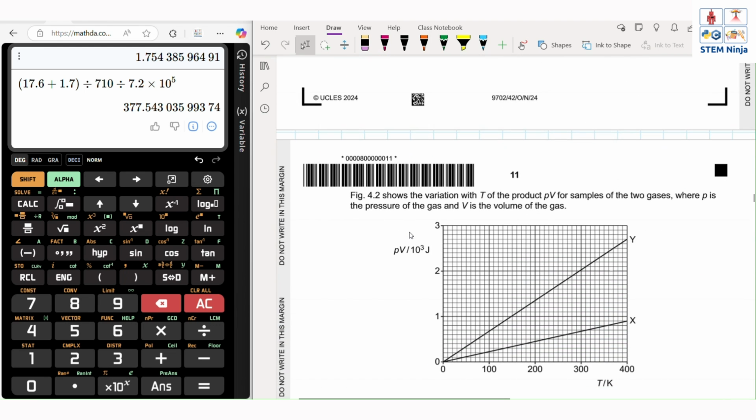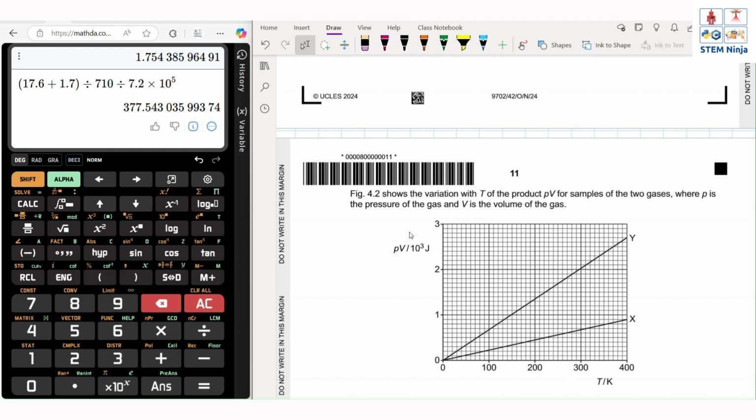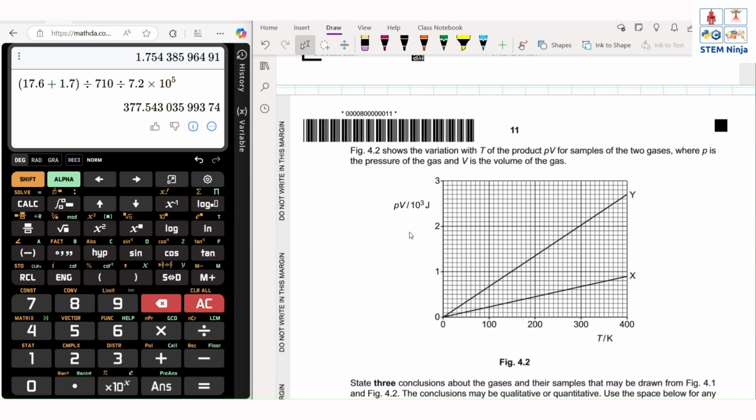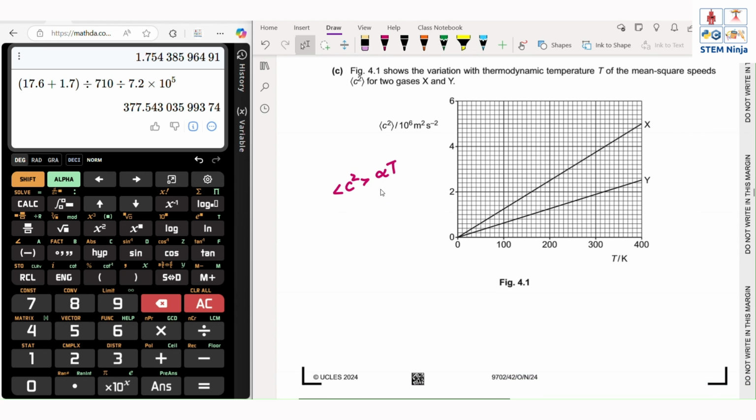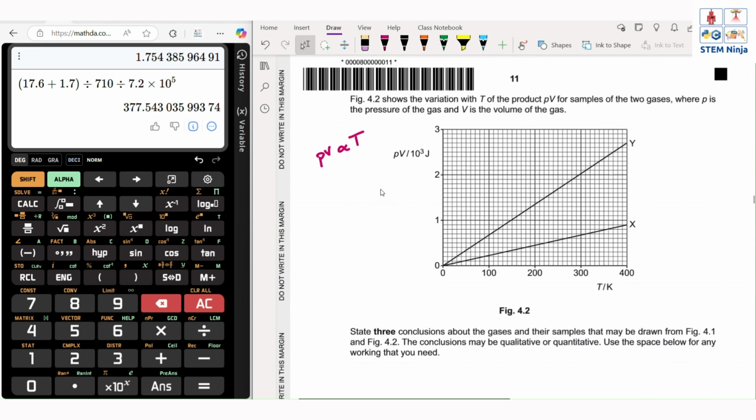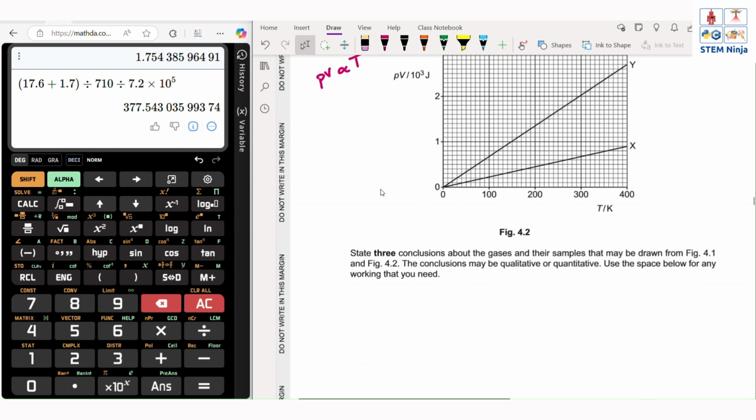Now, figure 4.2 shows the variation with T of the product PV for samples of the two gases, where P is the pressure of the gas and V is the volume of the gas. So this is also showing that the product PV is proportional to T, and both of these proportionalities are evidence of ideal gas behavior.